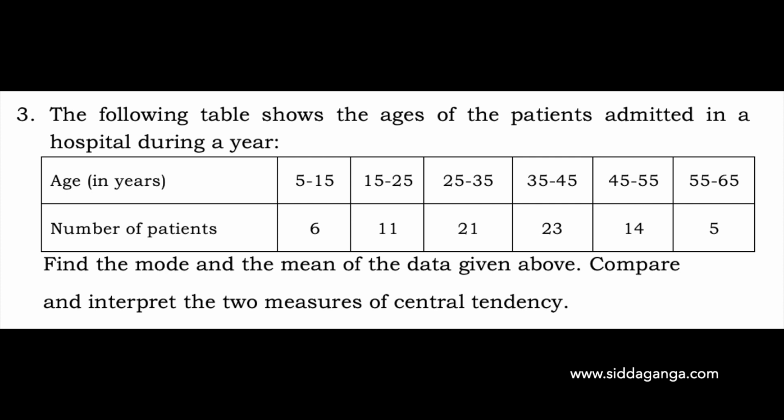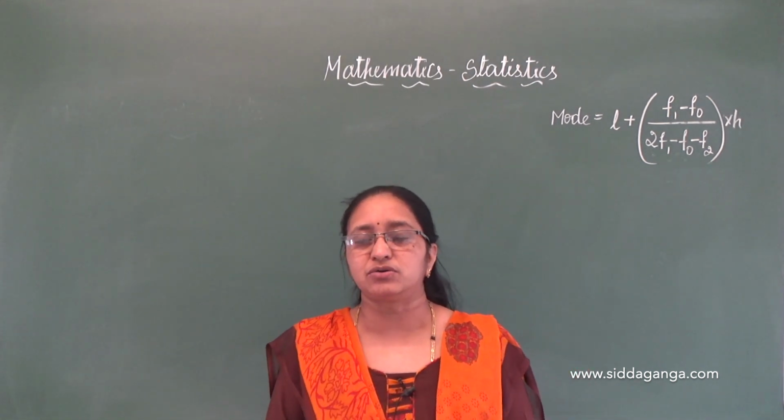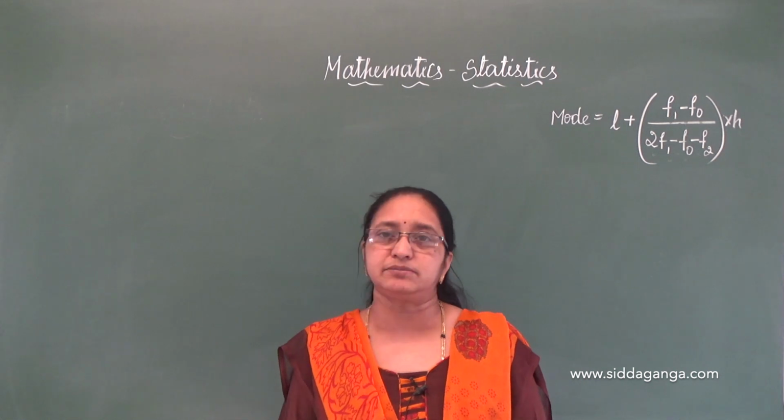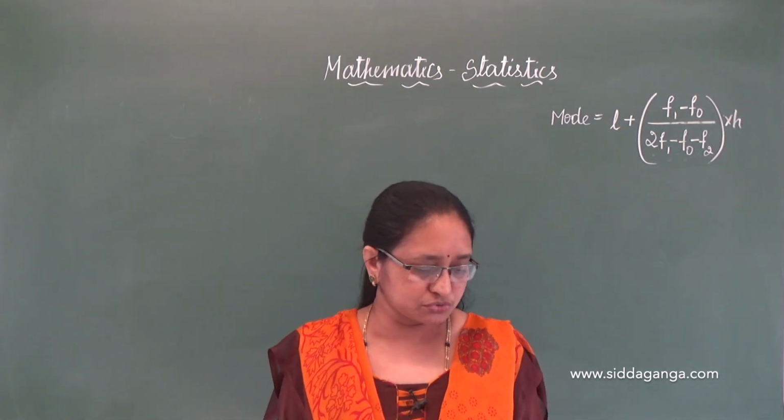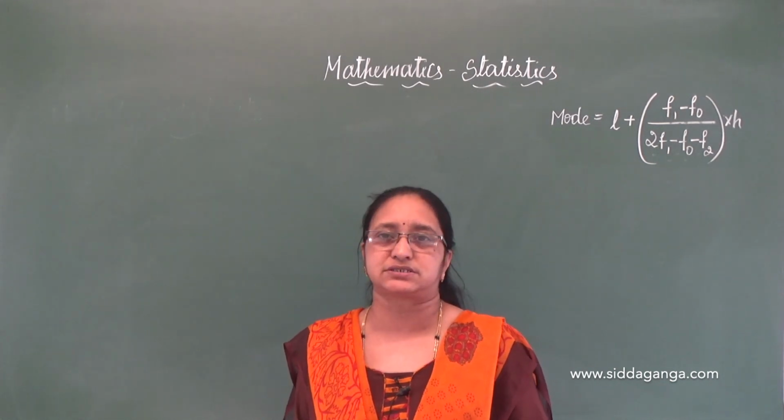Find the mode and the mean of the data given above. Compare and interpret the two measures of central tendency. Here they are asking you to find the mode and the mean, compare them and also interpret the results.